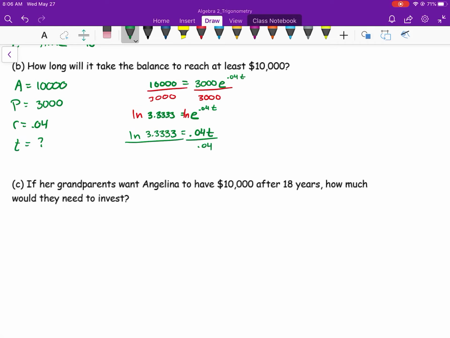Divide by 0.04. Okay, so put that in the calculator. So t equals 30.10 years. So 0.10 years is 0.1 times 12. So roughly 30 years and 2 months.